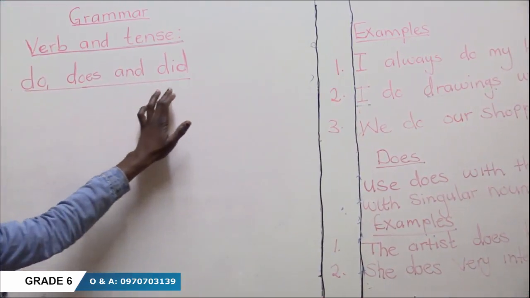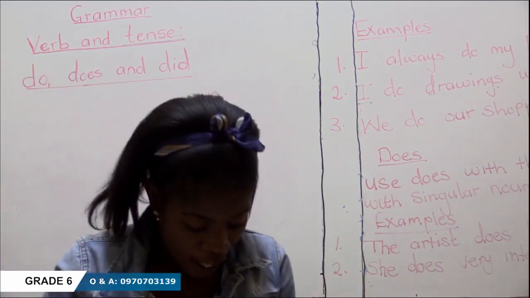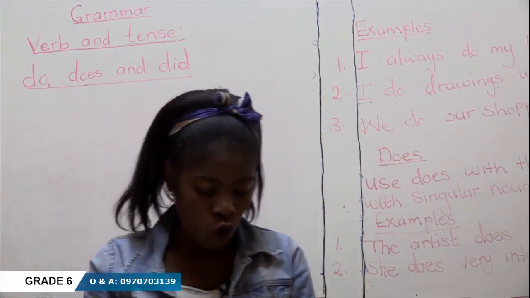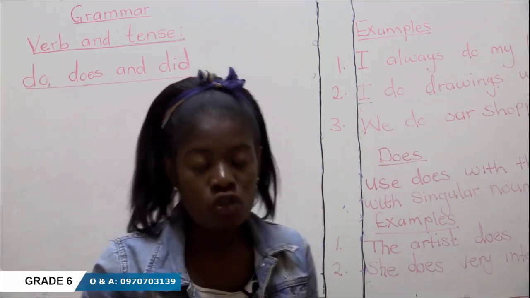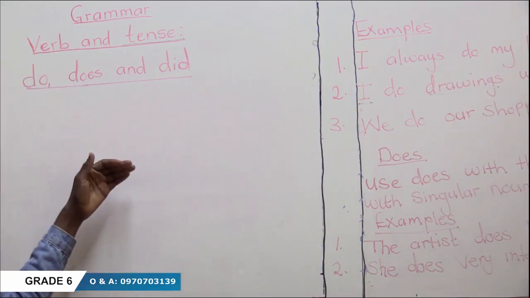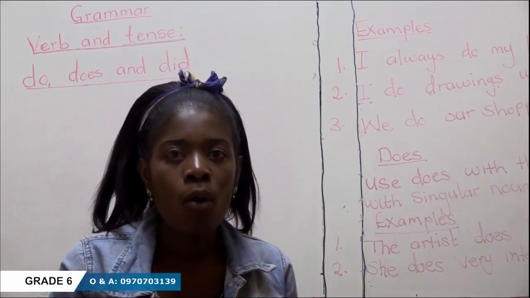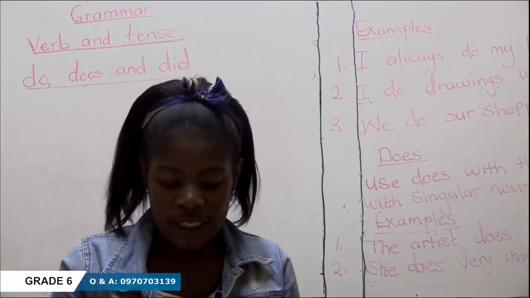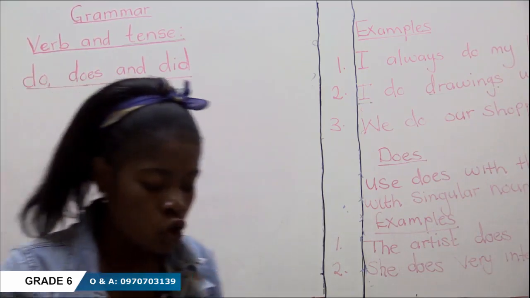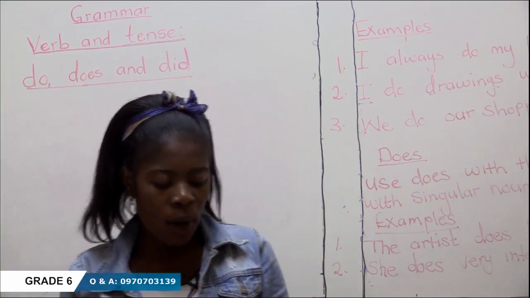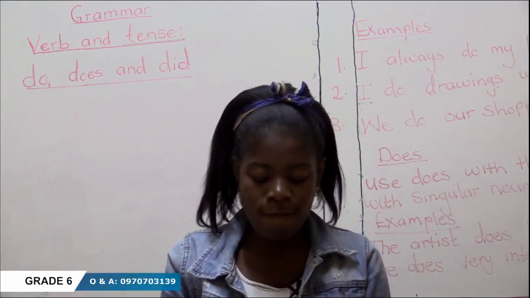Do, does, and did. At the beginning I said a verb is a word which is used to describe an action. And a tense is the form of a verb, and this one talks about when the action was done. I've said the verb do is used to talk about actions. The words do and does are the simple present form of the verb do.